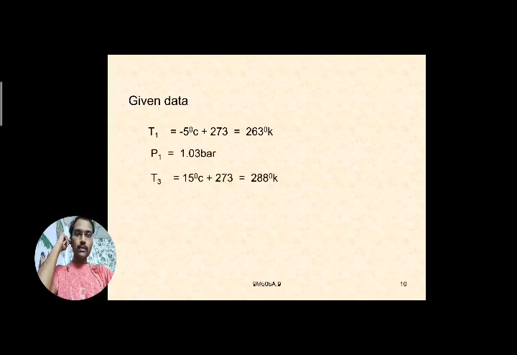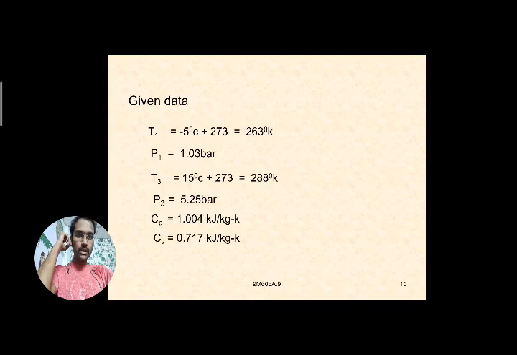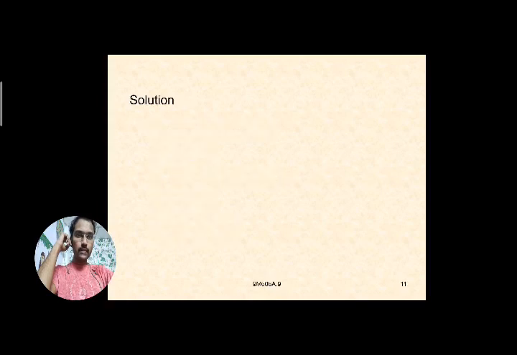The T3 value is equal to 15 degrees centigrade. To convert to Kelvin, add 273, which is equal to 288 Kelvin. And the pressure P2 is equal to 5.25 bar. Next, the Cp value is 1.004 kilojoules per kg Kelvin, and the Cv value is 0.717 kilojoules per kg Kelvin.